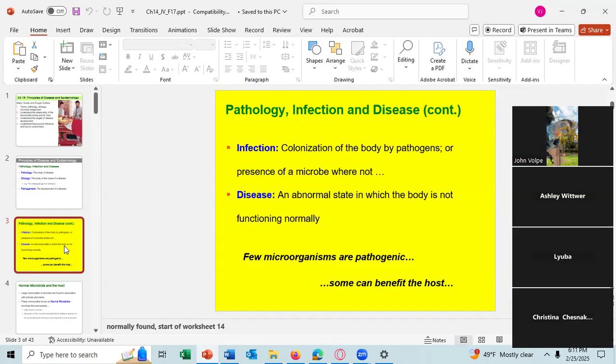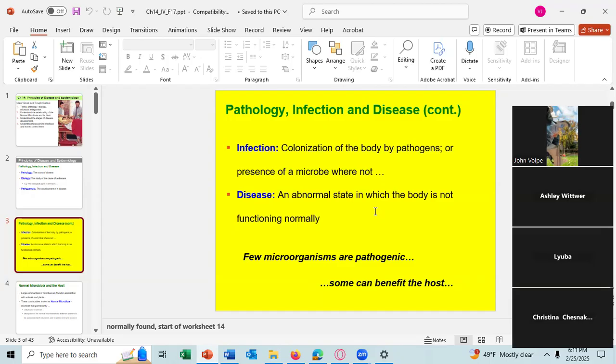But E. coli is normally a part of your normal microbiota, and we have probably millions of them in your gut. So infection is the colonization of the body by a pathogen or the presence of a microbe where it's not normally found, like E. coli in your lungs.